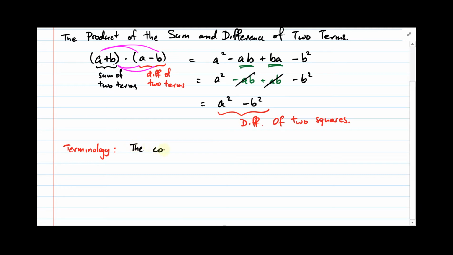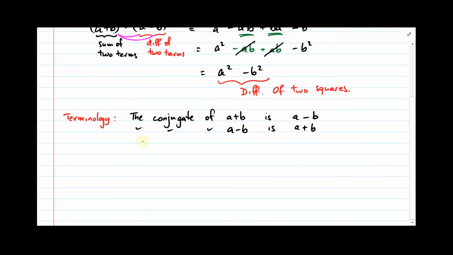The conjugate of A plus B is the same terms but with the opposite sign in the middle, and the conjugate of A minus B is A plus B. So the conjugate of x plus 3 is x minus 3: I have x, I have 3, but I put the opposite sign. The conjugate of 2x minus 5 is 2x plus 5.